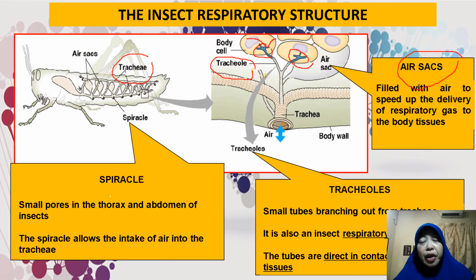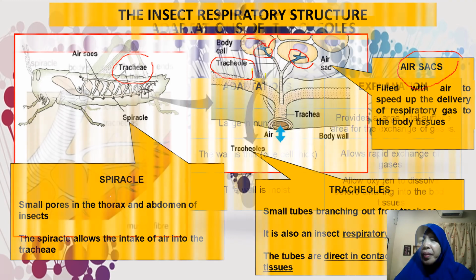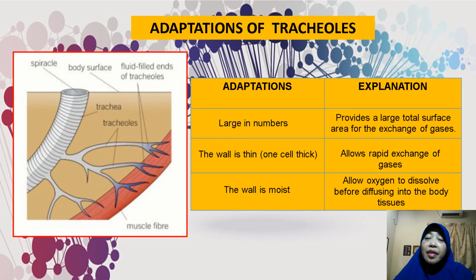So, for the tracheoles to carry out their function as a respiratory surface, they need a number of adaptations for the efficiency of gaseous exchange. What are the adaptations of these tracheoles? First, they are large in numbers.